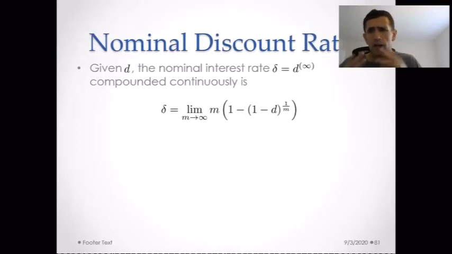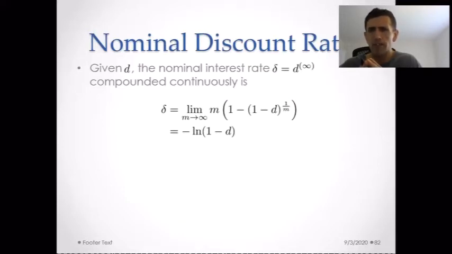I recommend everyone try this yourself, using L'Hopital's rule to figure out this limit, particularly if you're a math major or actuary major. And if you do that, you'll get that it's minus ln of 1 minus d.